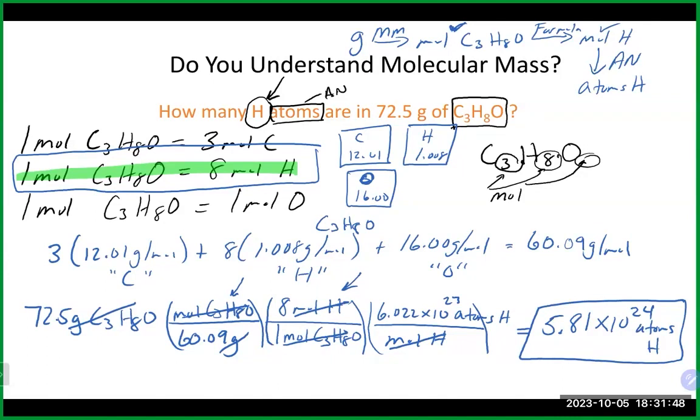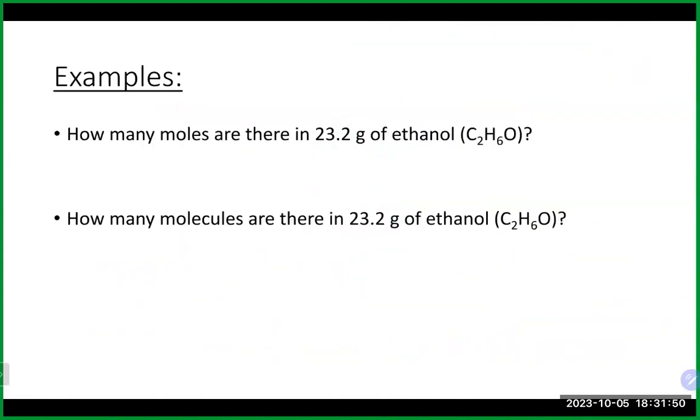All right, so let's try a couple more here. What is the moles and how many molecules are there in 23.2 grams of ethanol? And once again, your periodic table: 12.01 for carbon, 1.008 for hydrogen, and oxygen 16. All right, so see what you come up with for both of those. While we're at it, why don't we add one more?